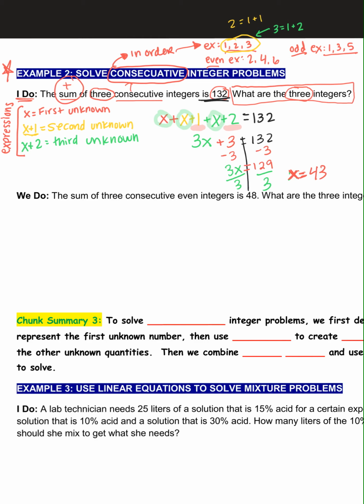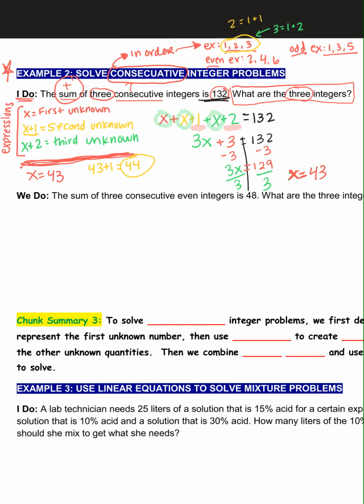So if I go back to my expressions over here, they tell me the answers. I know that my first unknown is x. So that means my first unknown is x equals 43. My second unknown, which was in yellow, is 43 plus 1, which is equal to 44.